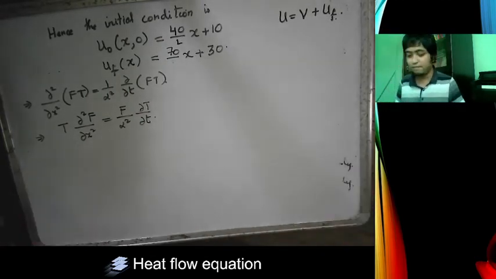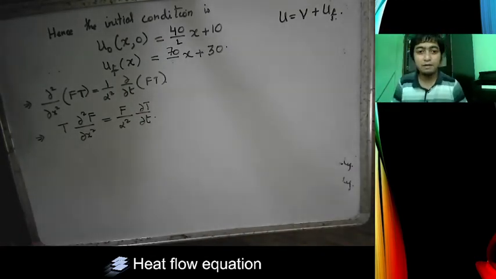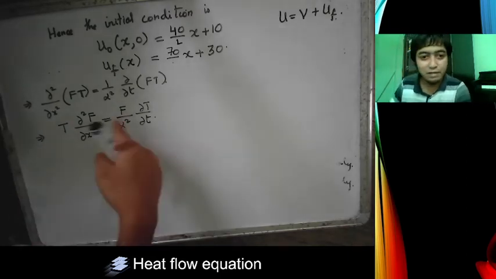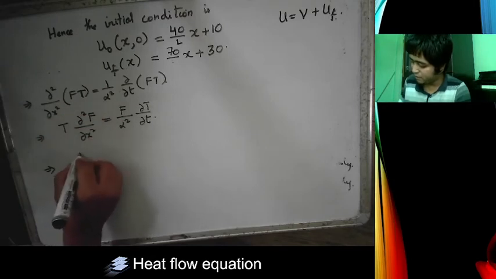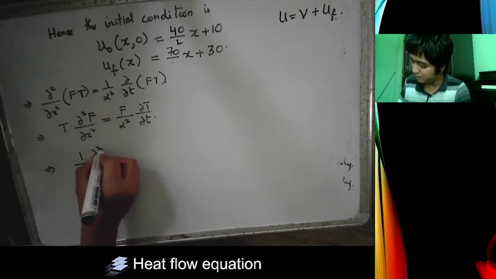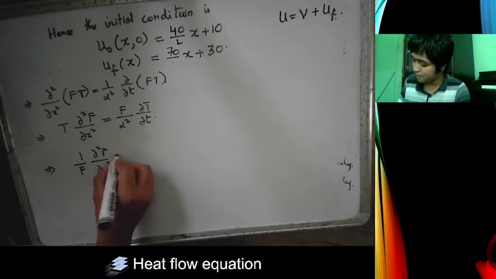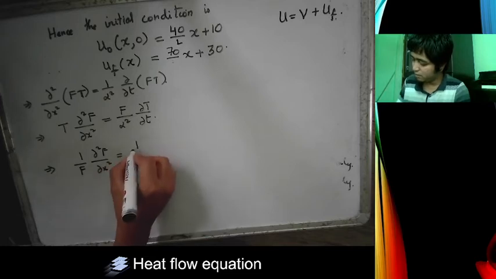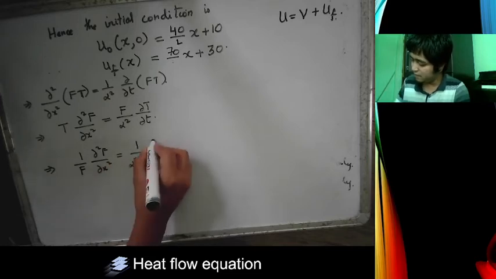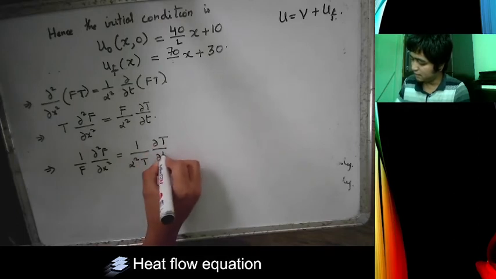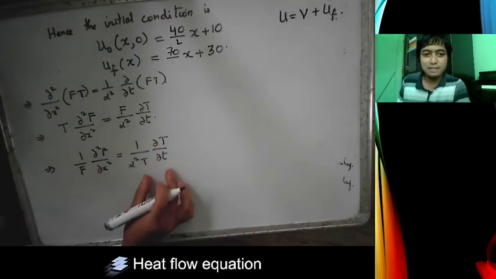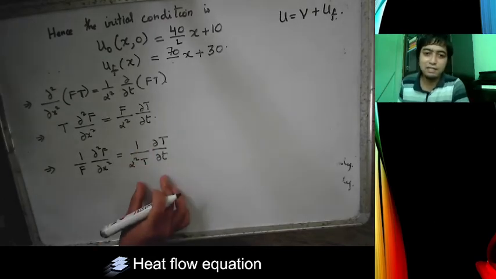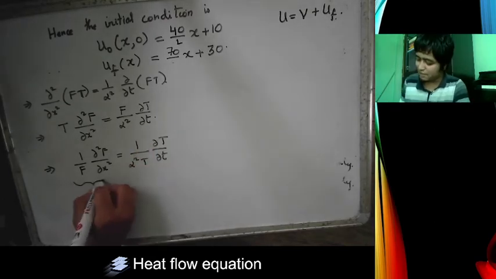Next, what will we do? We can divide the whole thing by fT. Dividing by fT, we'll be having 1 by f del 2 f del x squared equal to 1 by alpha squared T del T del t. By doing this, what did we achieve? We have separated them.